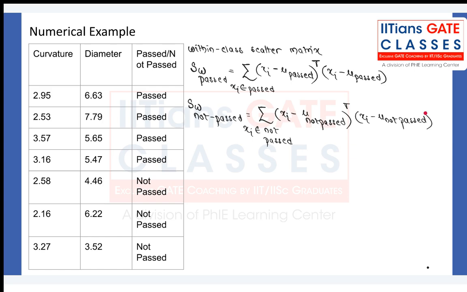Like this you calculate it, and then you calculate the between class scatter matrix.